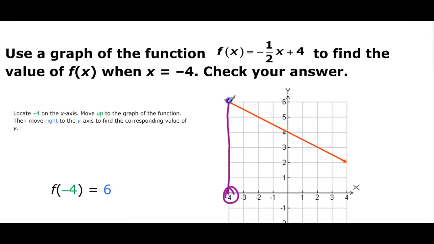And there it is right there. So that point on the graph is negative 4, positive 6. So that means that when we put in a negative 4, we got a positive 6. And this is how you write this. The function when I put in a negative 4 gave me a value of 6.